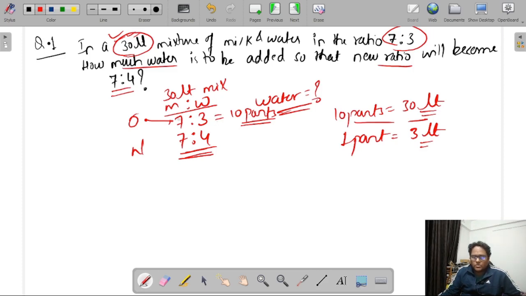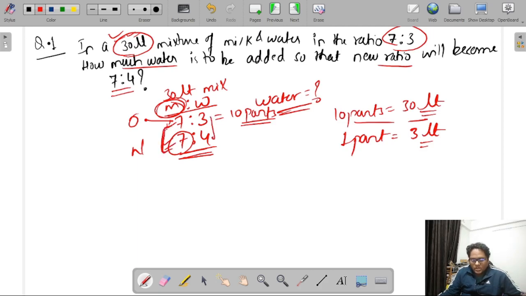In such a question, we have to fix the parts of the milk in our mixture. In the original mixture, the milk was 7 parts, and in the new mixture milk was also 7 parts. So it is a fixed quantity with respect to the milk.